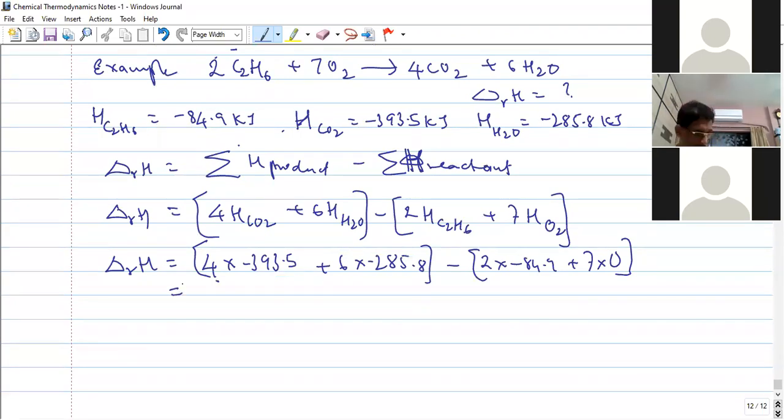इसको मल्टीप्लाई करो. Four multiplied by 393.5 is 1574, minus 1574.